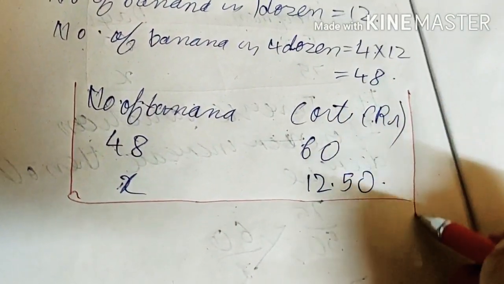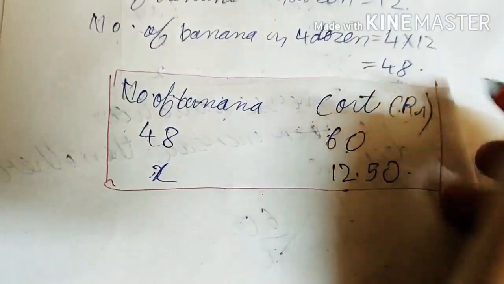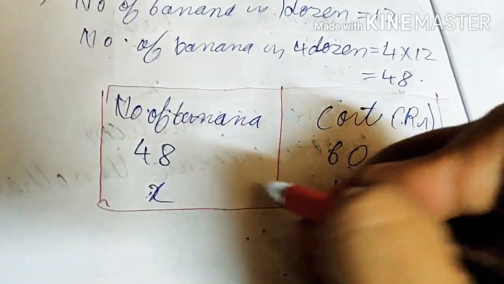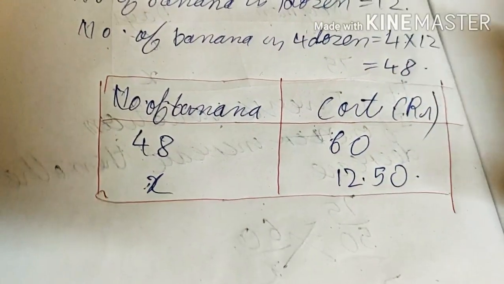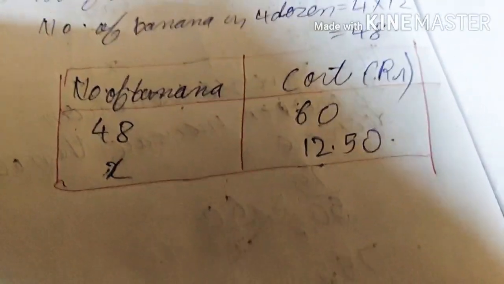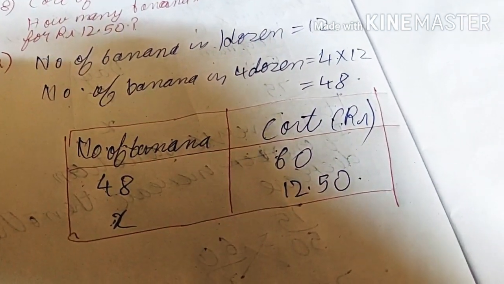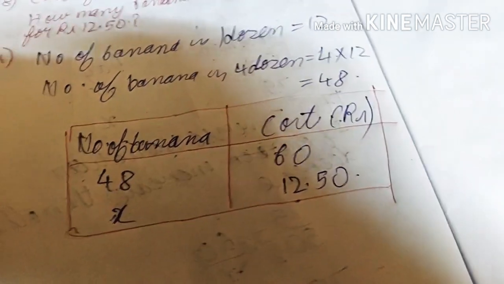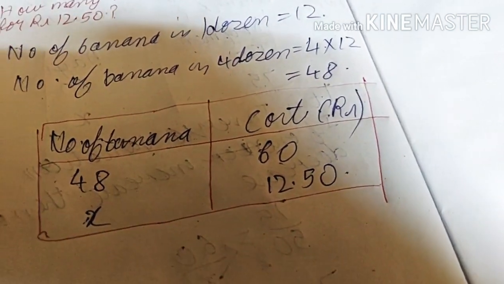Okay, so now what? We will check whether it is direct variation or inverse variation. It is the same as the case of toffee. If you can buy 5 toffees for rupees 10, and you decrease your amount to rupees 6, then you can buy only 3 toffees.